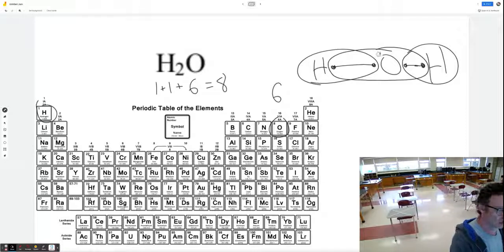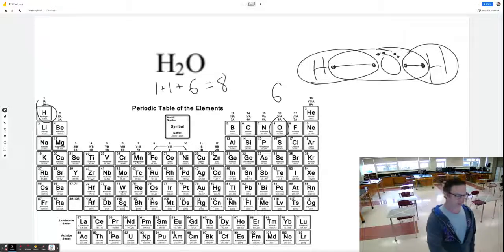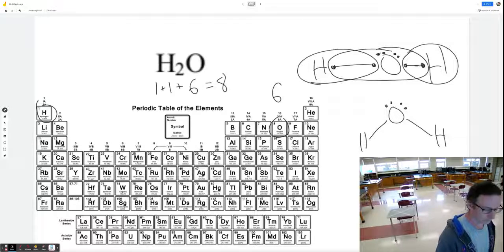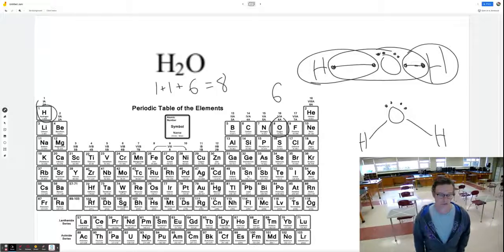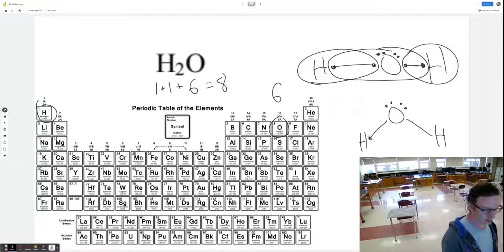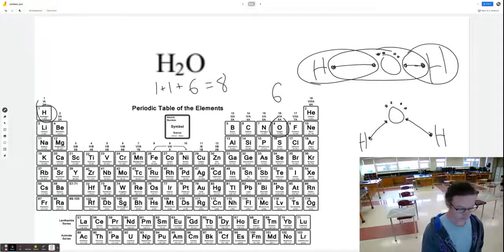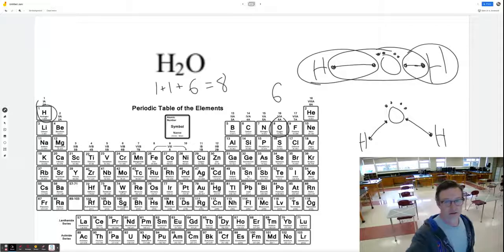So if we put 4 dots around it, and I drew it that way because really it looks like this in terms of the shape. Okay, so the oxygen now has 4 electrons from the bonds plus 4 lone pair dots, total of 8. That one's done. Hydrogen has 2 from the bonds. That's done.